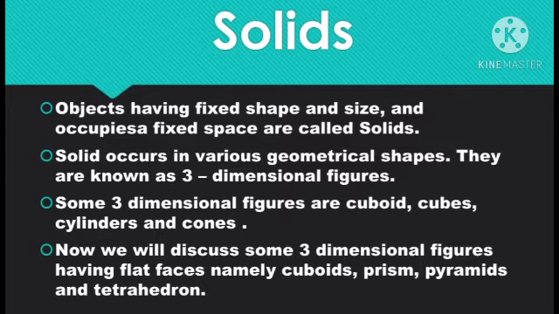Now we will discuss some three-dimensional figures having flat faces, namely cuboids, prism, pyramids and tetrahedron. We will be learning more about these shapes: the vertices, the faces and the edges.